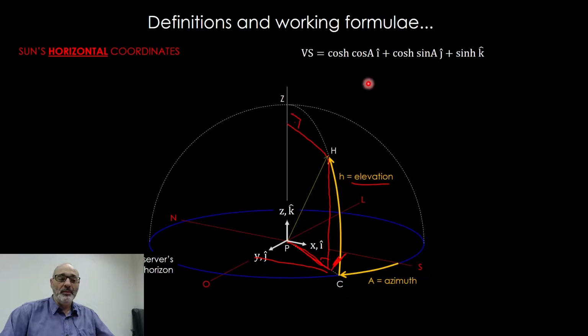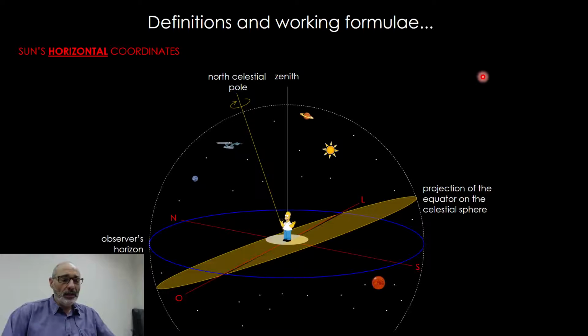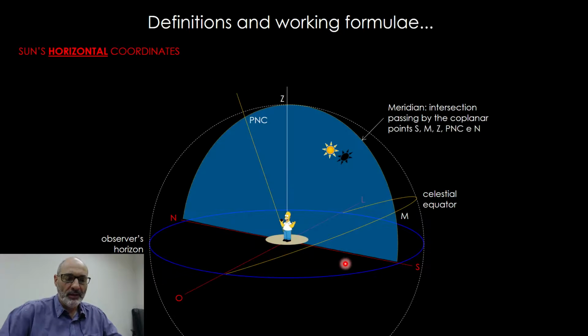So it's very simple to calculate the solar vector, as I showed you, simply by projecting, by using these angles here, okay? Now, I'm going faster now, okay? We can look at the horizontal coordinates. We can look at the sun or the ecliptic here in the horizontal coordinates, okay?